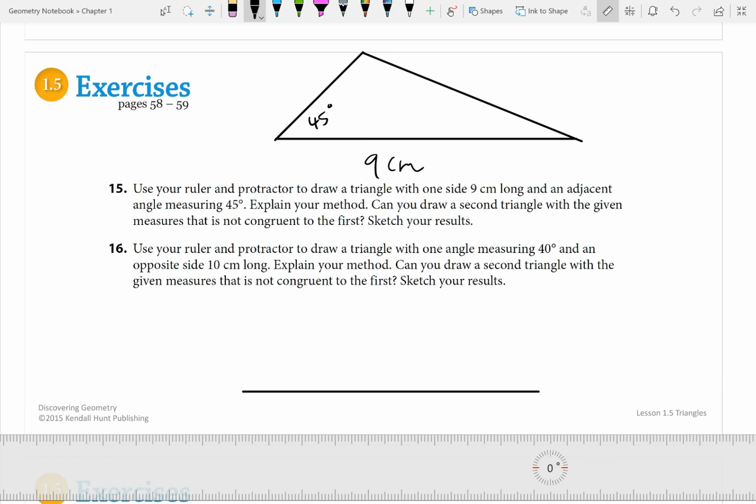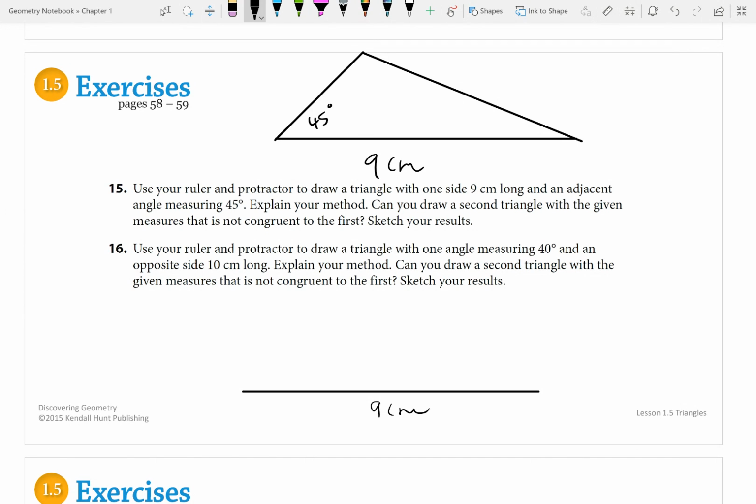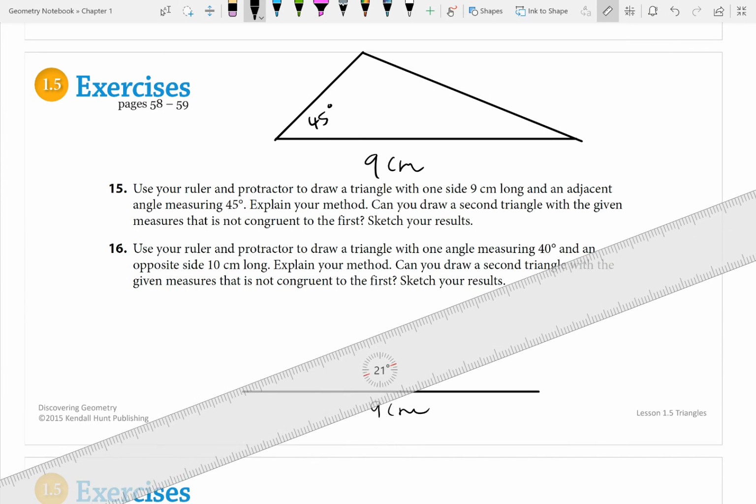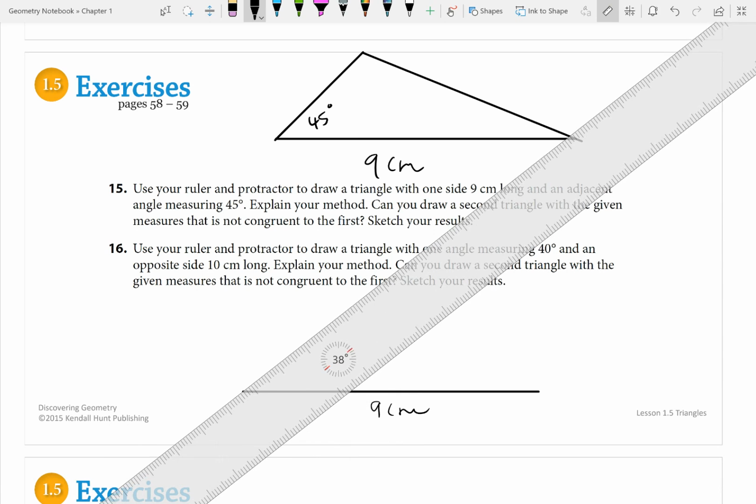Okay, so this is 9 centimeters. Question is, can we do a triangle that is not congruent and has the same information? So you have to have an adjacent angle equal to 45 degrees. Well, yeah, I think I can.